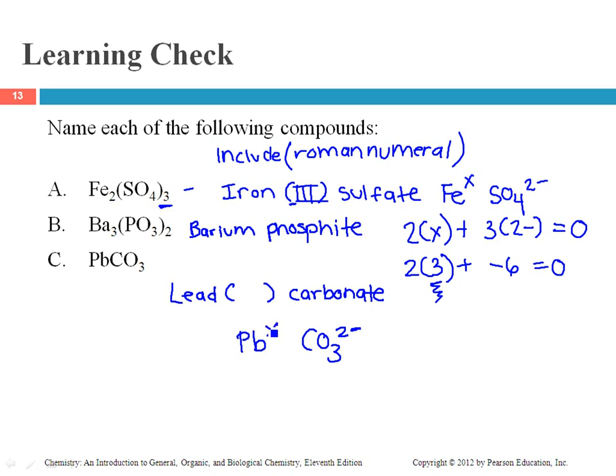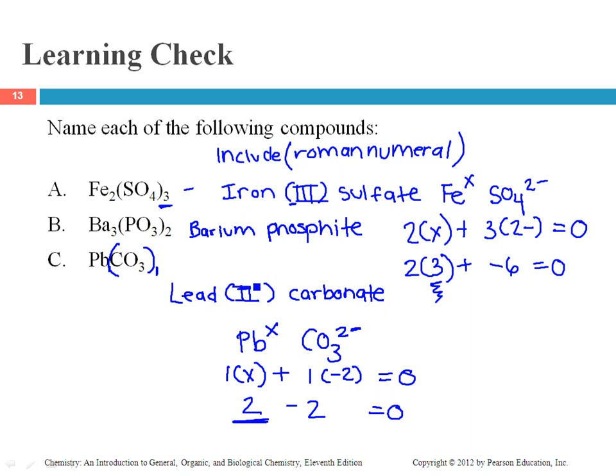We only have 1 of each, so we have an understood 1, and remember, if you want to, you can put a 1 around this whole ion. Do not use 3. It's 1 total of the total polyatomic ion. So if we have 1 of each, we have 1 times -2, and everything has to equal 0. We have 1 times x. So in order for us to get 0, we're going to have a 2. So x has got to equal 2. So we would have lead(II) carbonate.